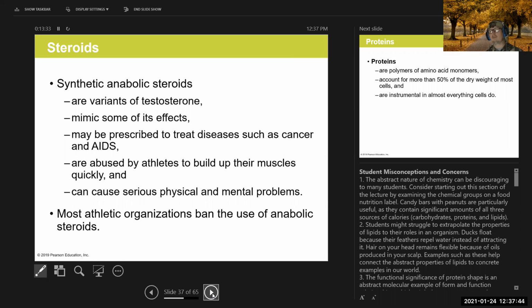But they also can be abused by, say, athletes that are trying to build up muscles quickly to gain an advantage in some sort of way. But again, by taking these steroids, it could lead to physical and mental problems that could be really bad for the body. And that's why most athletic organizations ban the use of anabolic steroids for a quote unquote recreational function.